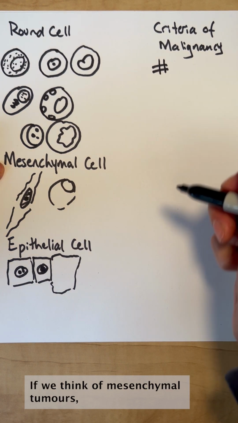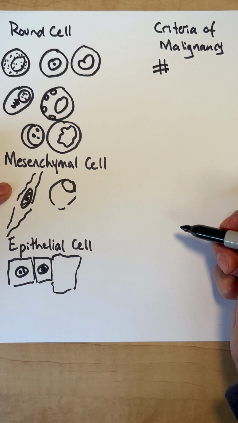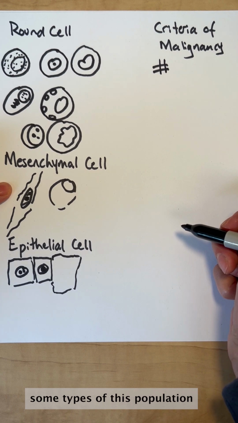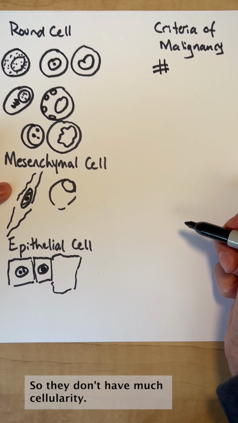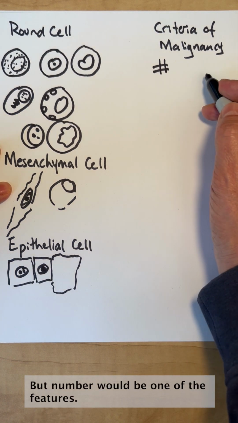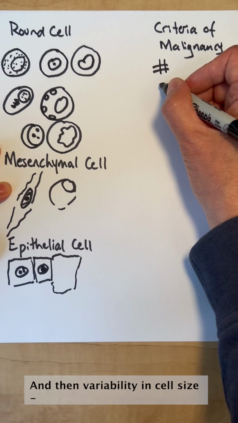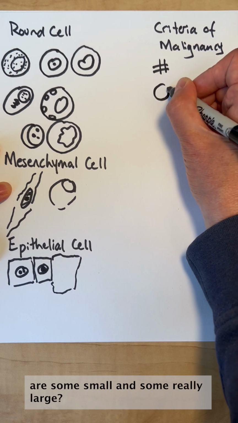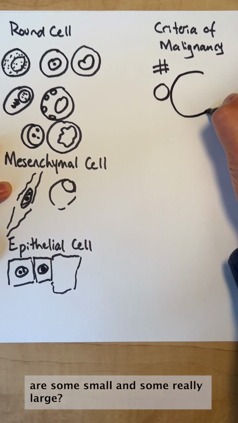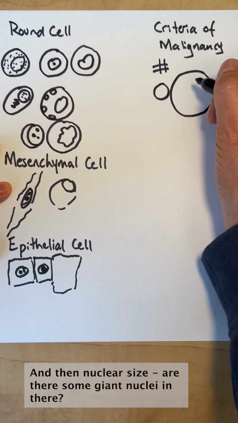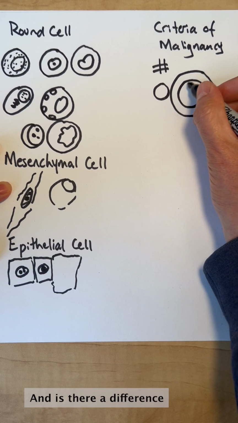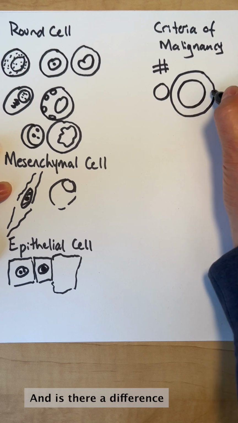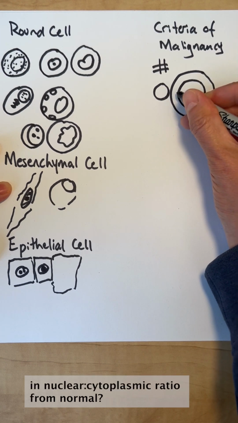If we think of mesenchymal cell tumors, some types of this population will not yield much cells because they laid down scar tissue, so they don't have much cellularity. But number would be one of the features. And then variability in cell size. Are some small and some really large? And then nuclear size. Are there some giant nuclei in there? And is there a difference in nuclear cytoplasmic ratio from normal?